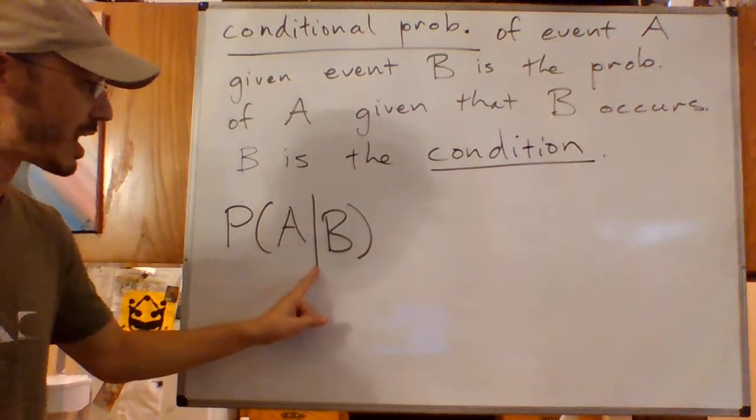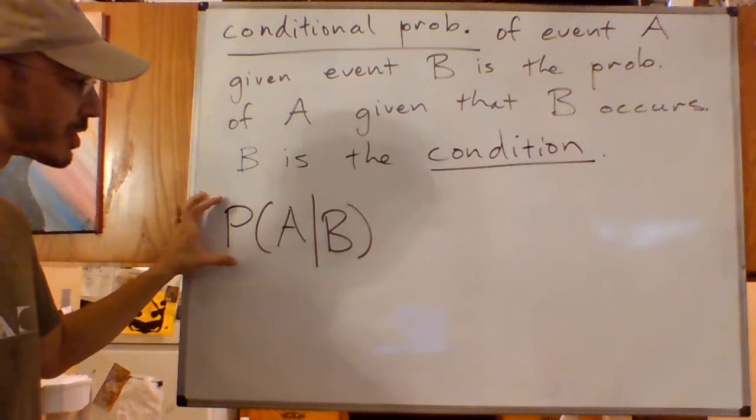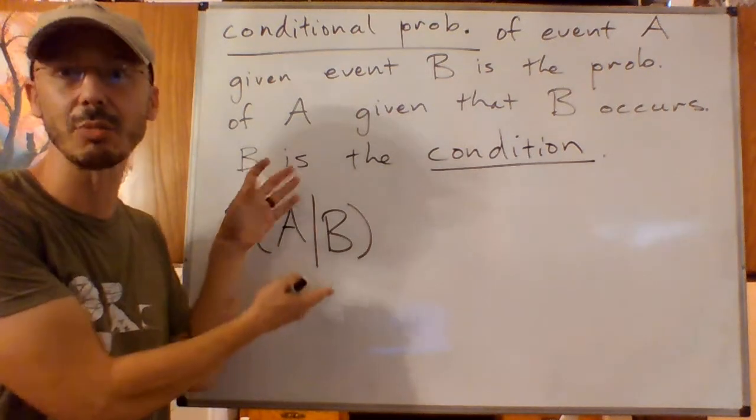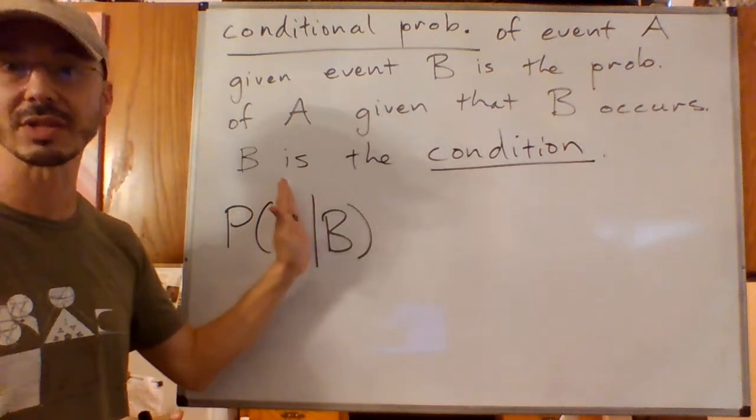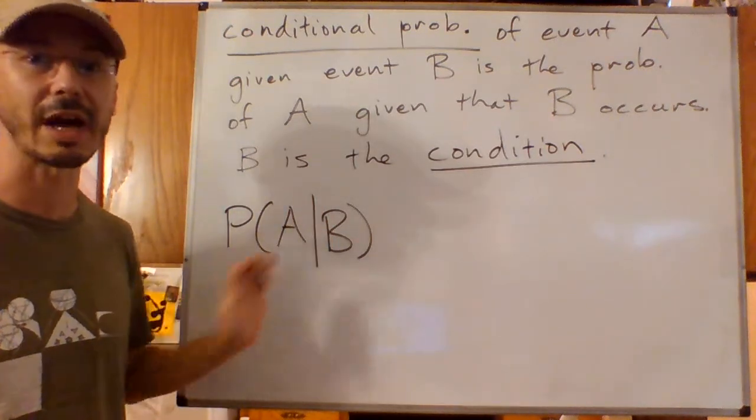So this line within the probability function, I made it exaggeratedly tall so I can tell that it's a different kind of symbol. It's not a letter. It's not a capital I or anything.